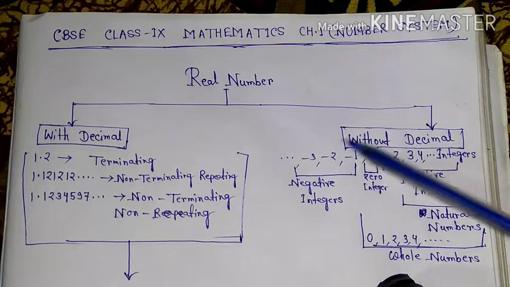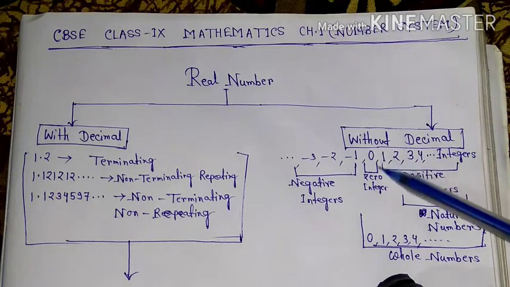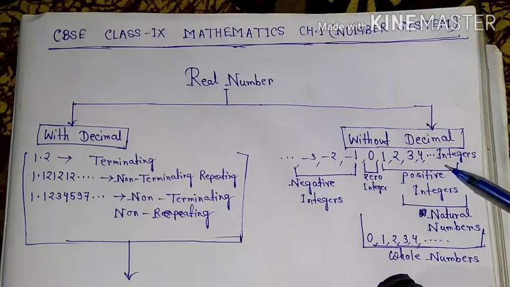Now these integers can be divided into three parts.